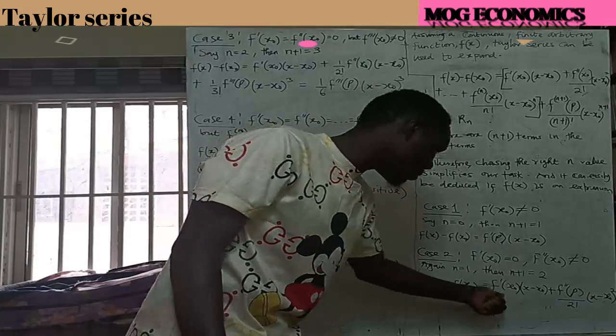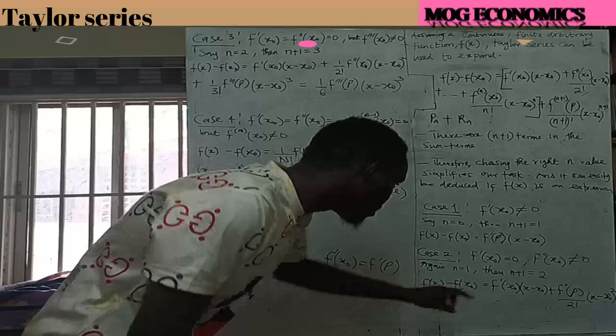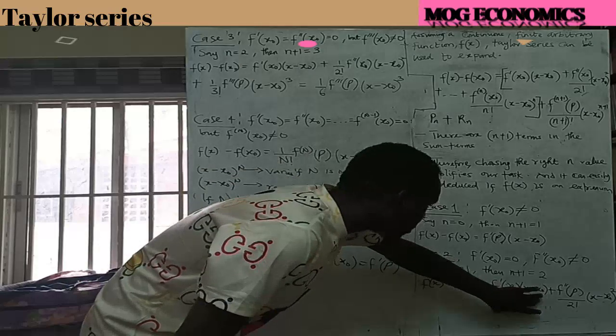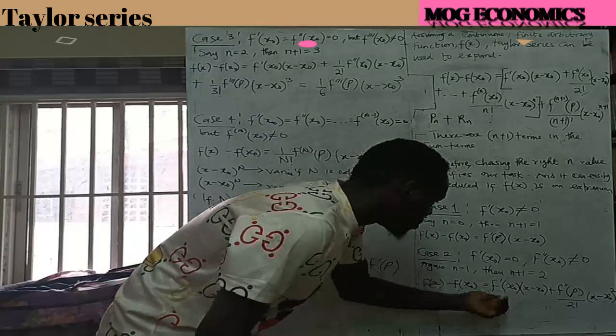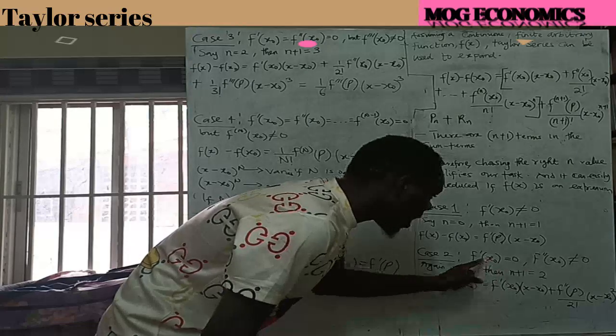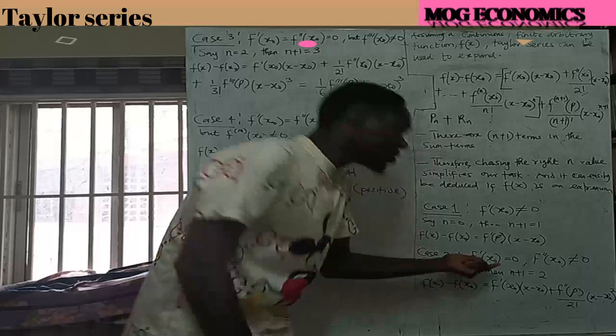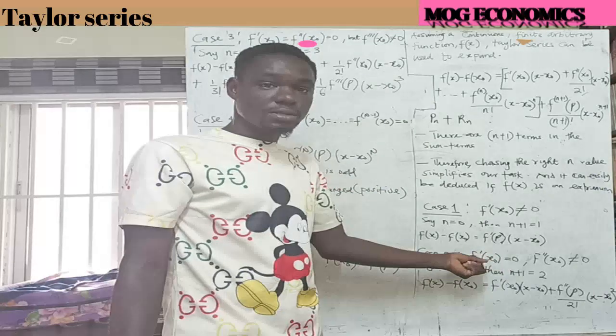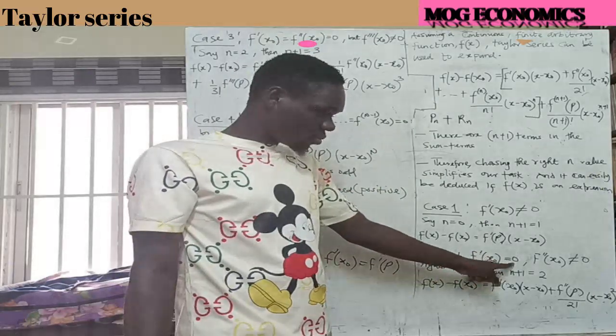Now, again, we are assuming that this is also continuous. We have already established from here that this is continuous, but in this case our first order differentiation is 0. So this is assumed to be 0 at this point.